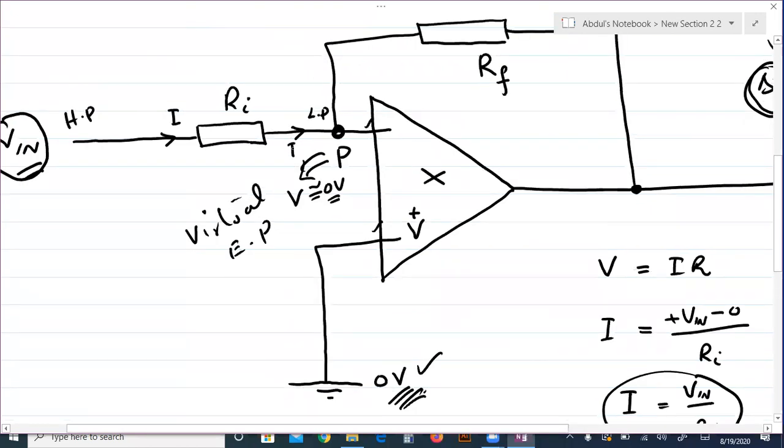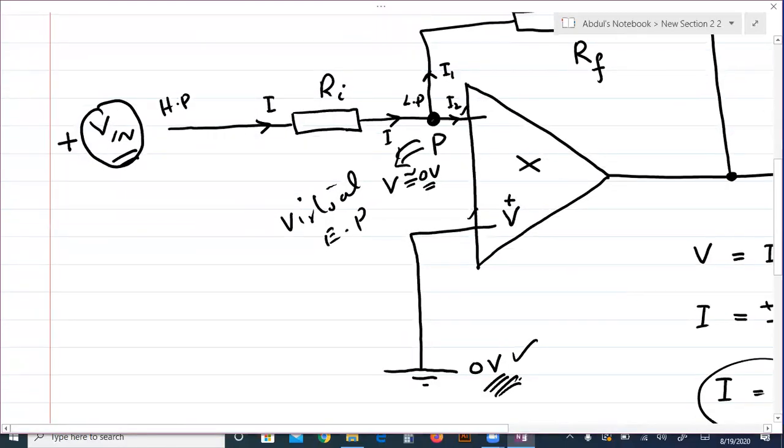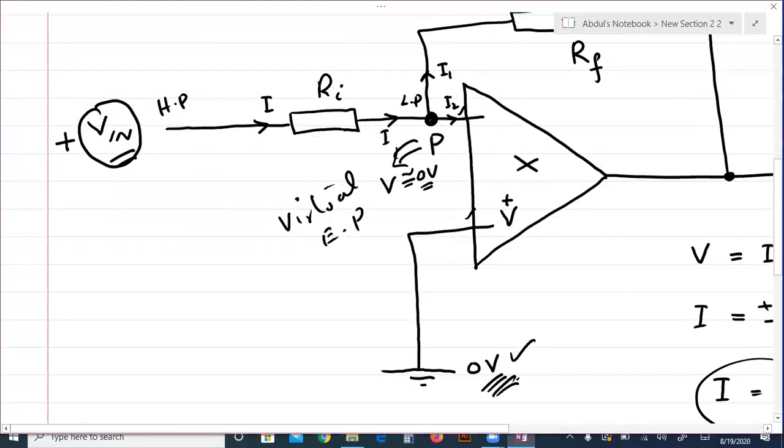When this current I reaches at this junction P, according to Kirchhoff's first law, it is divided into two parts. Suppose part 1 is going here and the part 2 going in this. So according to Kirchhoff's first law, at the junction P, we can write I divided into two currents, I1 plus I2. But remember, this I2 current is going to op-amp.